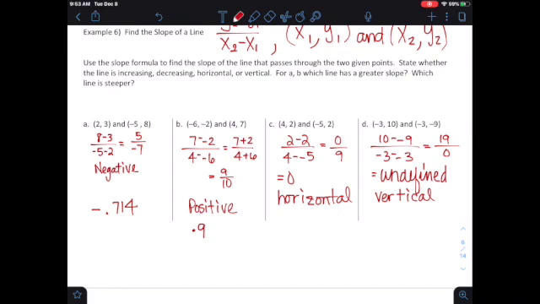So if you take the absolute value of that, it's going to be 0.714. Between 9.9 and 0.714, B is steeper, because when you compare the absolute values of slopes, the higher number is the steeper line.